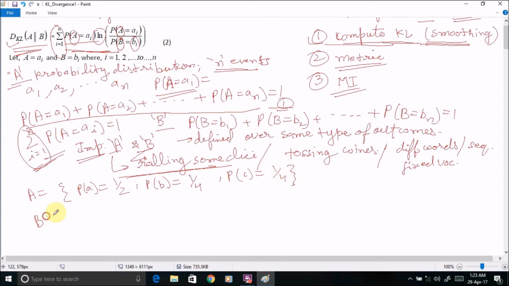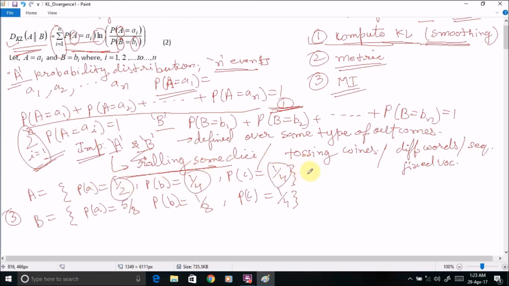Second probability distribution B is given like first event is equal to 5 by 8, second event is like 1 by 8, third event is like 1 by 4. So we have three events in two probability distributions. Now you can see that both probability distributions satisfy this equation, meaning the sum of probabilities is equal to 1. In this case also it is equal to 1.